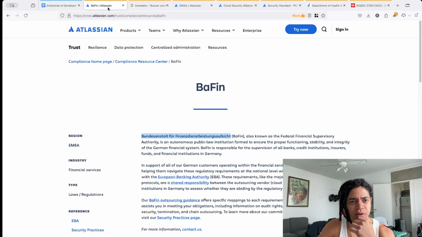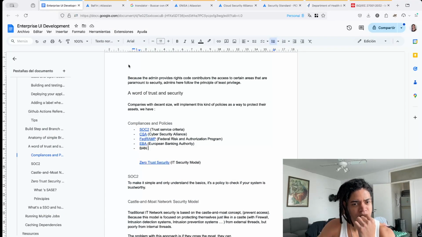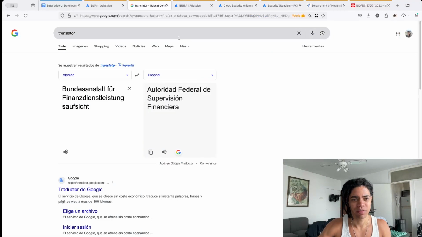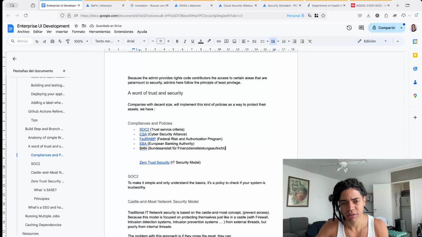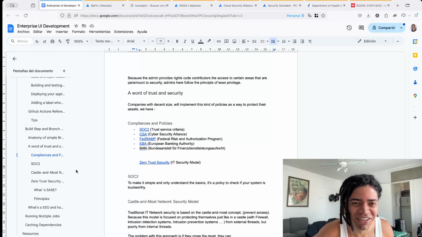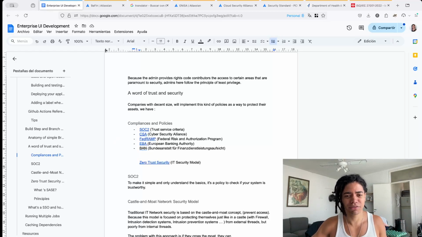That's very, very interesting. I want to put this thing here. Bundesanstalt für Finanzdienstleistungsaufsicht. There are a lot of consonants there, and few vowels. That is a huge amount.